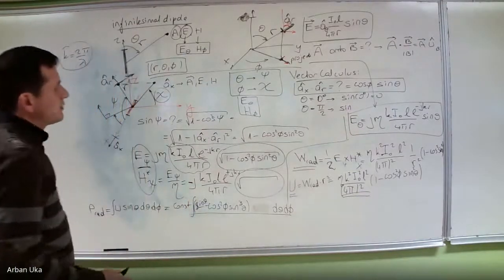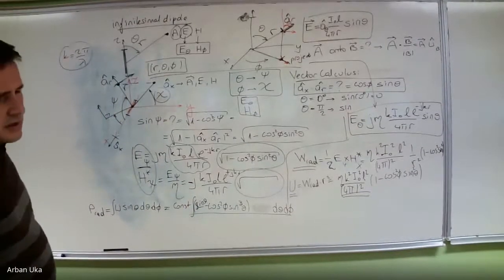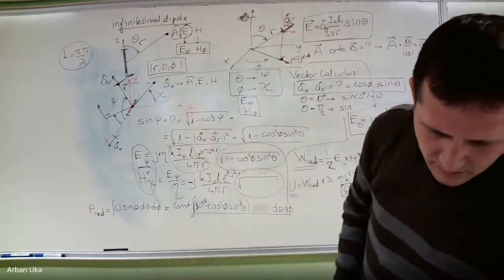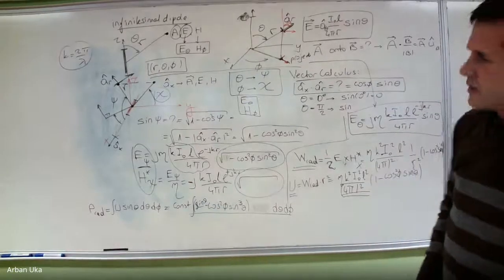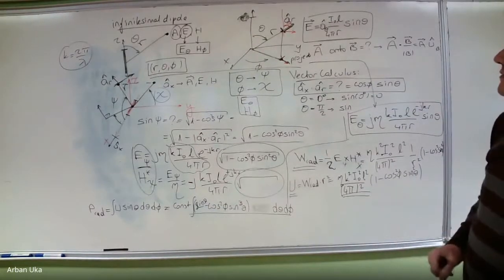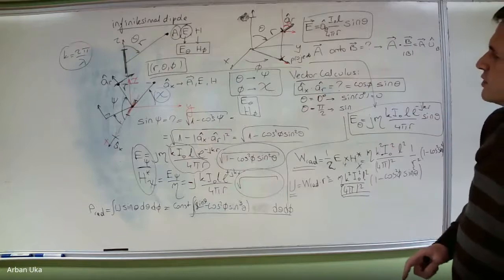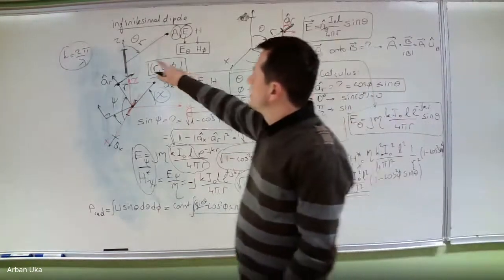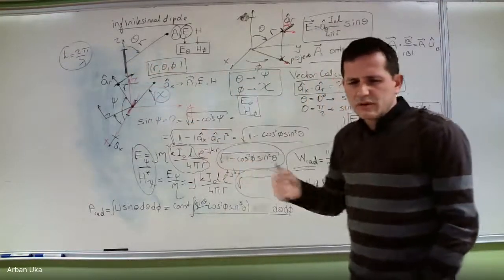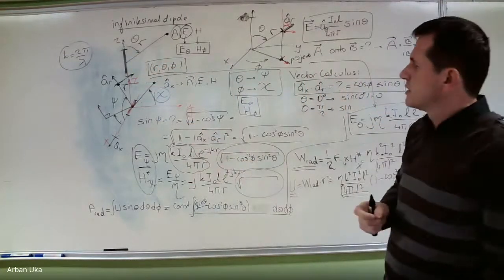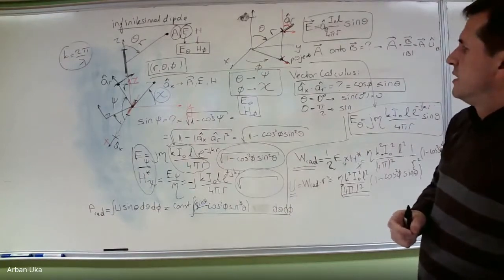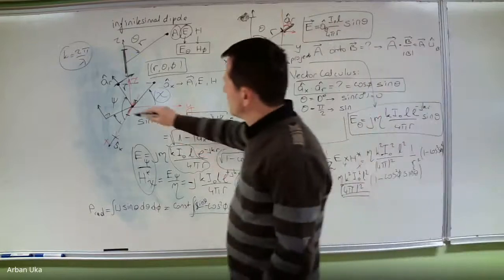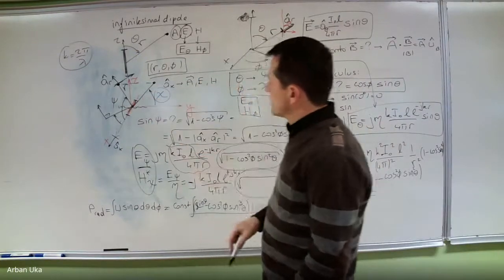So this is an example, but actually here we did not do very complex vector calculus. We simply tried to use the symmetry between the case when we had the antenna pointing along the z-axis and the case when we had the antenna pointing along the x-axis. A similar example can be one when the dipole is pointed along the y-axis.